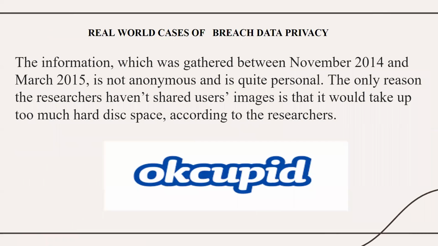The information, gathered between November 2014 and March 2015, is not anonymous and is quite personal. The only reason the researchers haven't shared users' images is that it would take up too much hard disk space, according to the researchers.